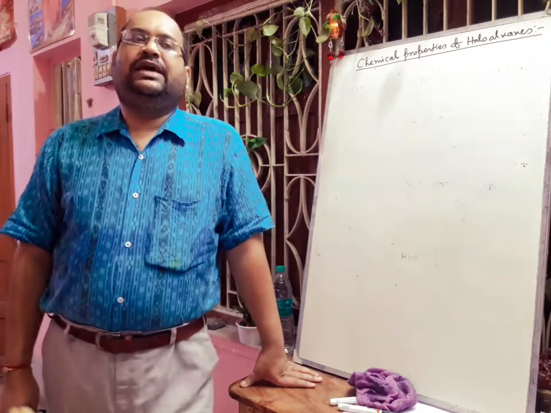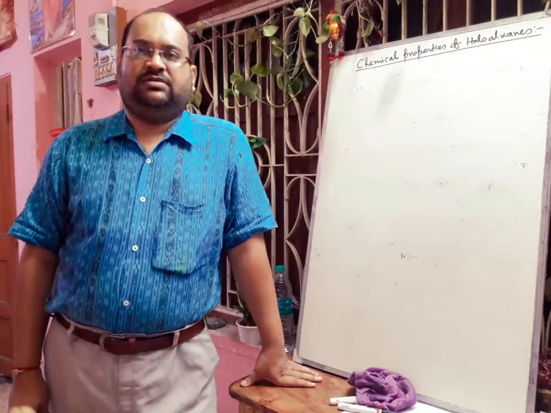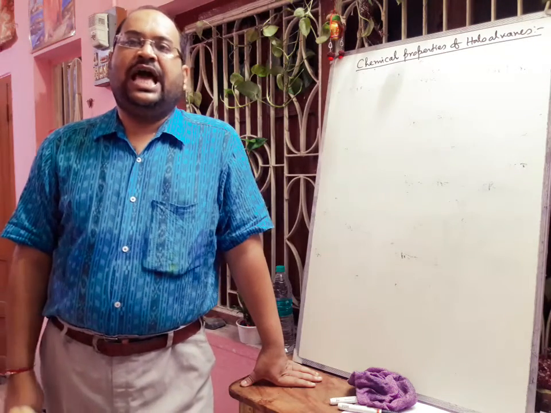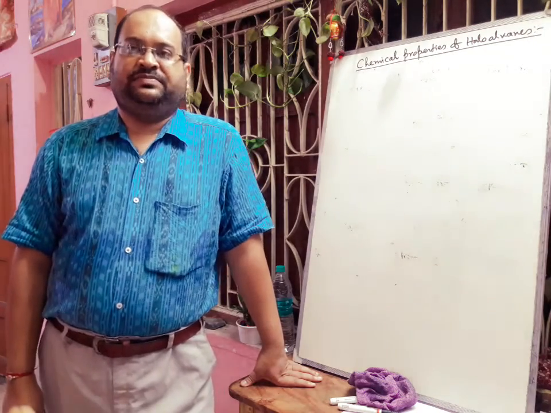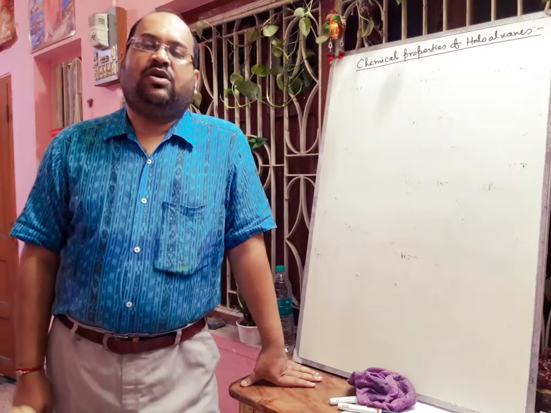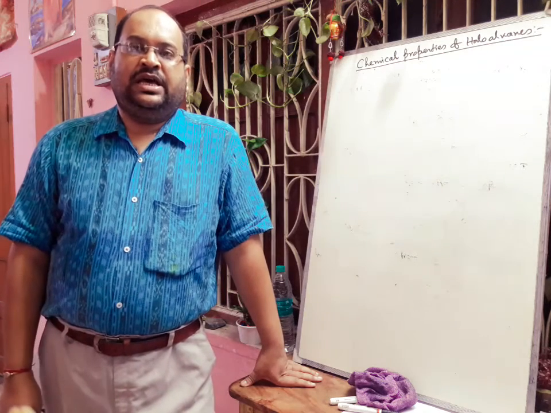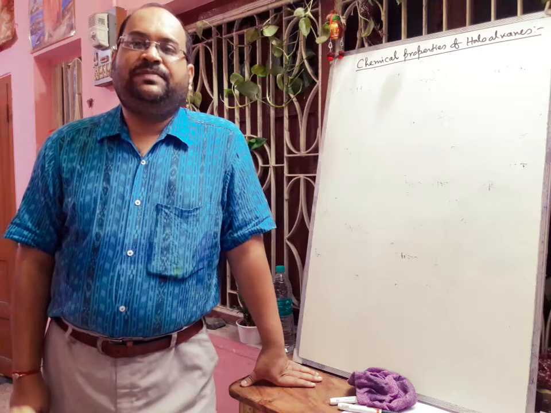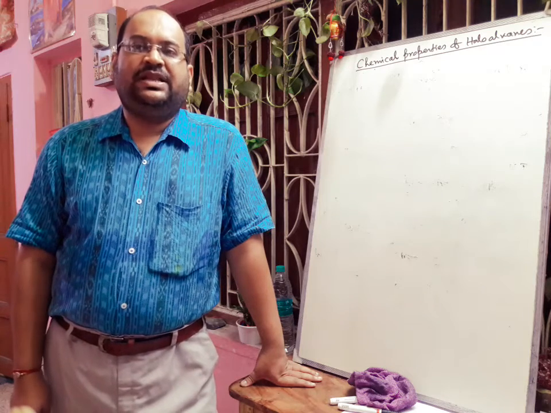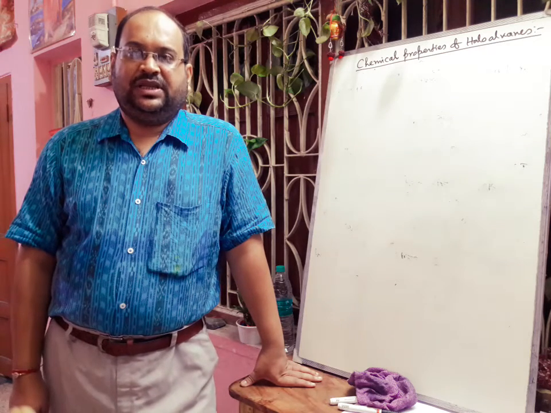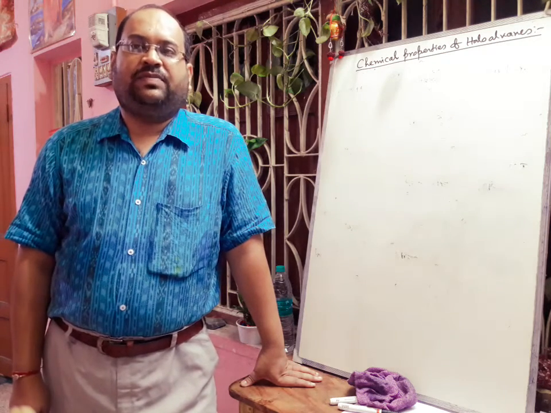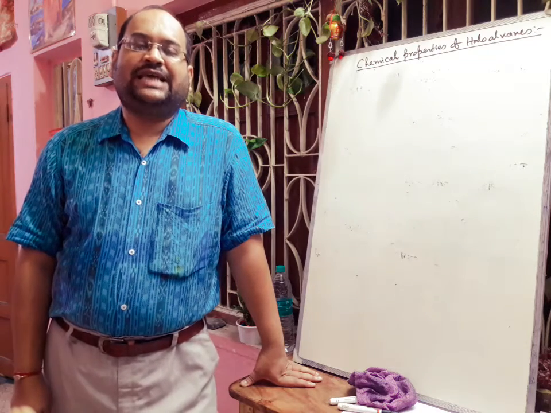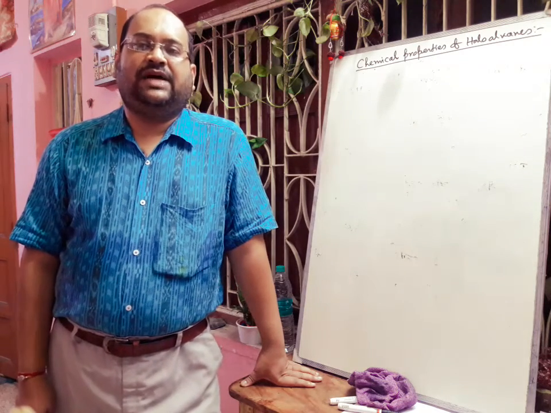Now, one thing I have discussed, that is enantiomer. What are enantiomers? Enantiomers are stereoisomers that have a mirror image relationship, but they are not superimposable. A racemic mixture is a 50-50 mixture of two enantiomers, and here the optical activity is lost because one is cancelling the optical activity of the other.